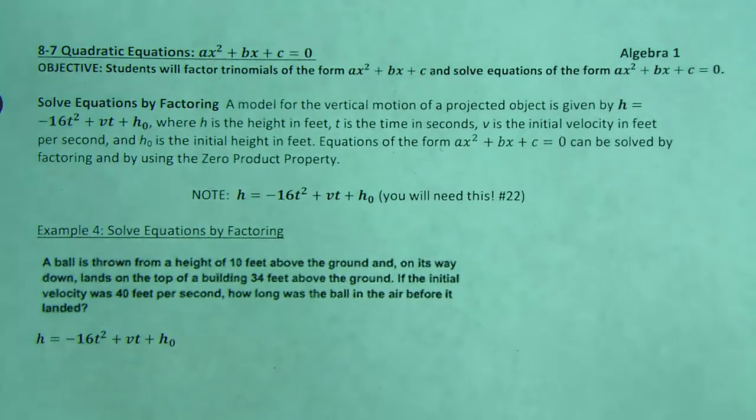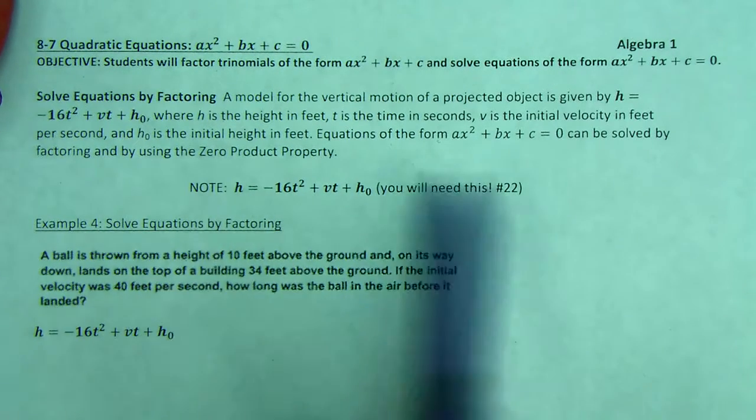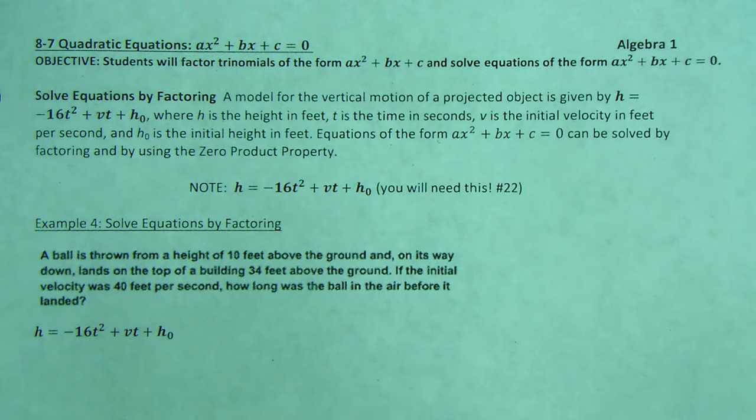Now, we've already solved equations by factoring. We just factor them, set them equal to 0, set each factor equal to 0, and solve for our multiple answers. So again, we have something that's falling to the ground. Here is our negative 16t squared plus vt plus h sub 0.